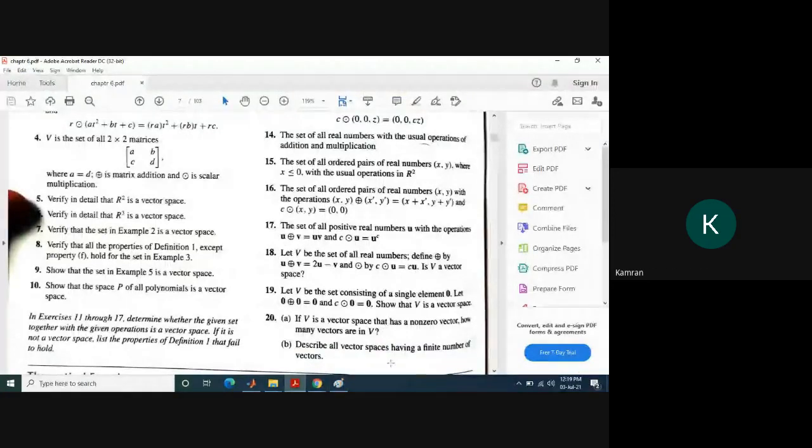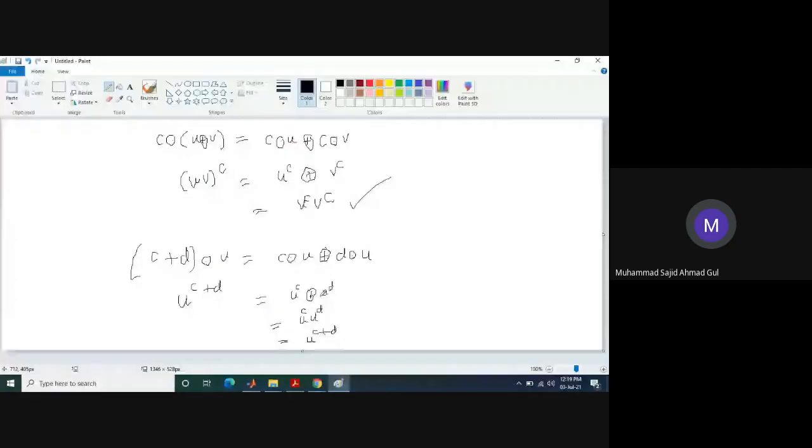Sir, u power c and u power d, please repeat the second last line. Look, in this vector space the operation is defined such that u plus v is equal to uv, right? So u power c plus u power d will be equal to u power c into u power d, because plus is replaced by dot.